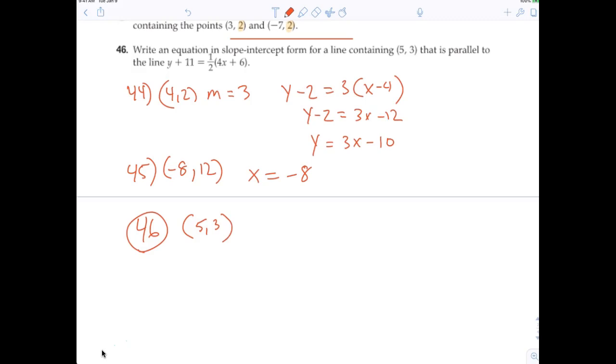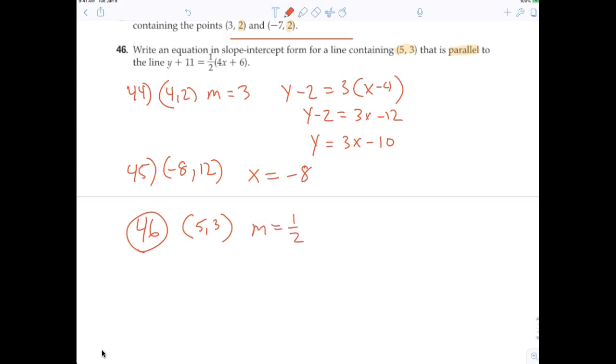You are trying to write an equation of a line, so you need a point and you need a slope. So what point is my line going through? That's what we're doing. (5, 3). You agree with me now, right? All right. Now we want it to be what? Parallel. So what's the slope going to be? 1/2.